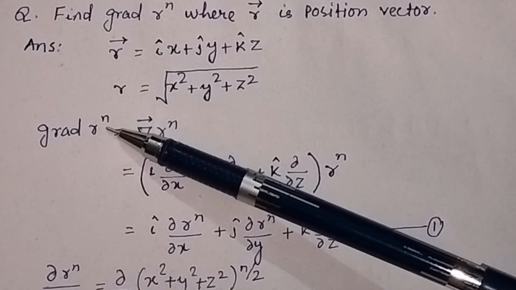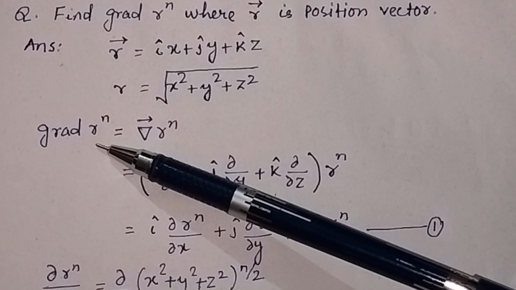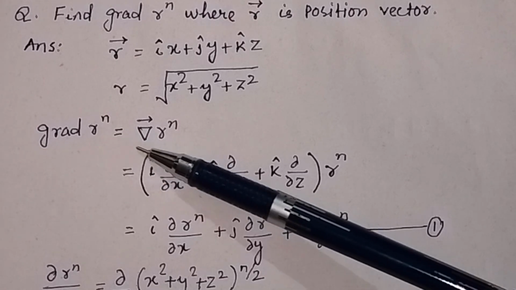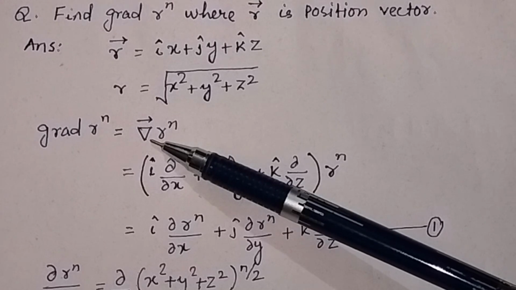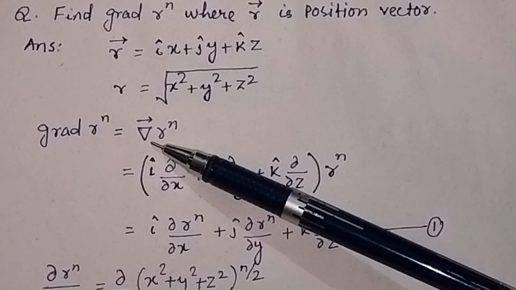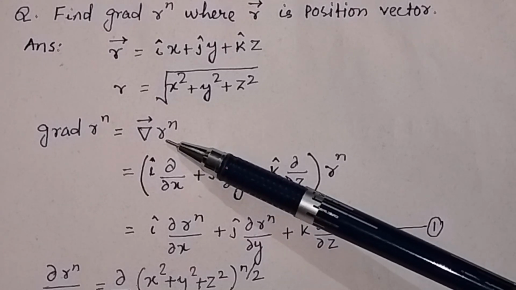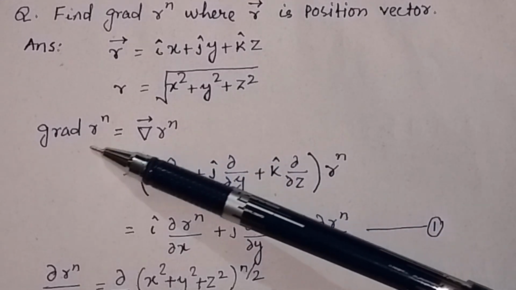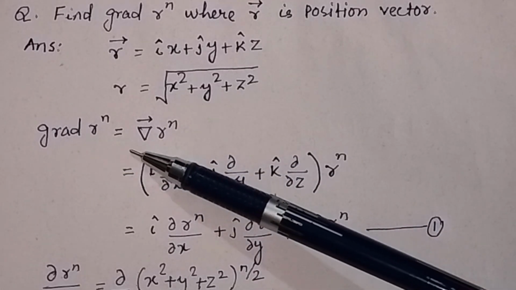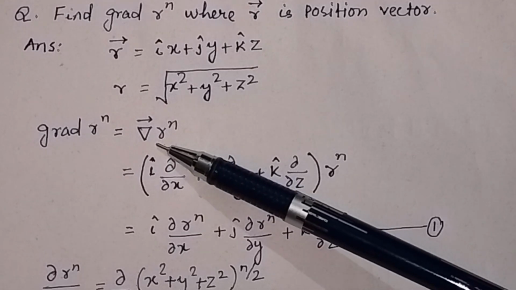I have told you that the gradient of a scalar function can be represented by a del operator, and del operator is a vector operator which, when it operates on the scalar function, gives you the gradient, and gradient is a vector.